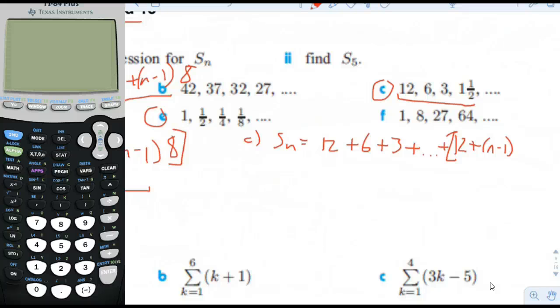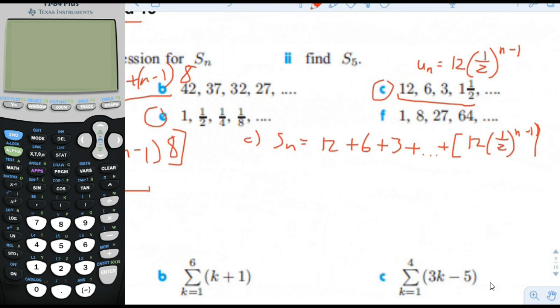So the general term in this case, we are always multiplying by 1/2, right? So the general term for a geometric sequence is the first term times the multiplier, which is 1/2, to the n minus 1. So the last term here is going to be 12 times 1/2 to the n minus 1. So that's how we write the S sub n.